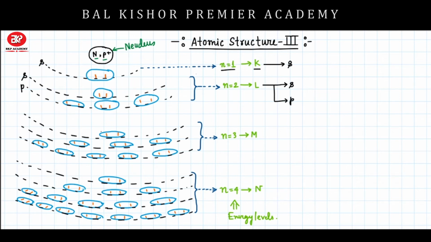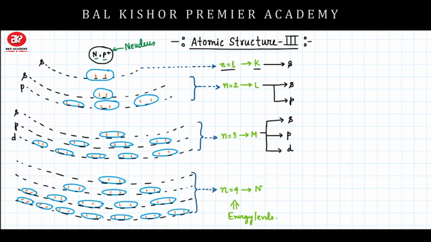The capital M energy level, n equals 3, will contain three subshells: s, p and d.